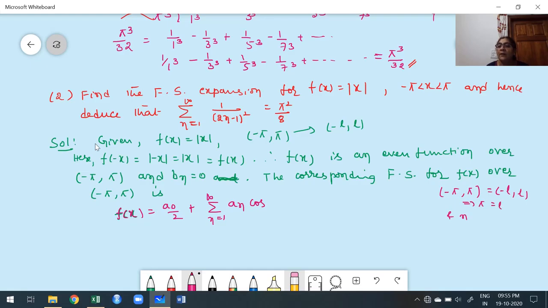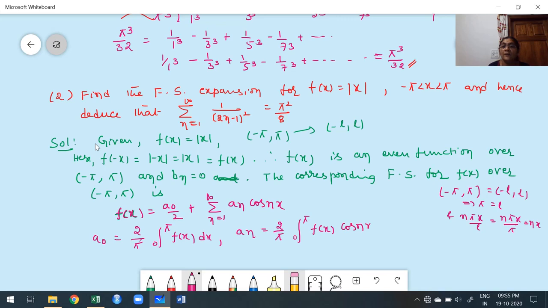Therefore, n pi x by L is n pi x by pi, and pi cancels, giving nx. So cos of nx, where, for an even function, a naught is 2 by pi integral 0 to pi f of x dx, and an is 2 by pi integral 0 to pi f of x cos nx with respect to x.